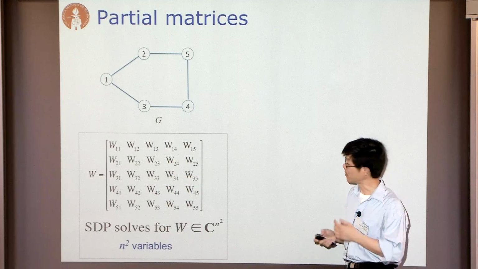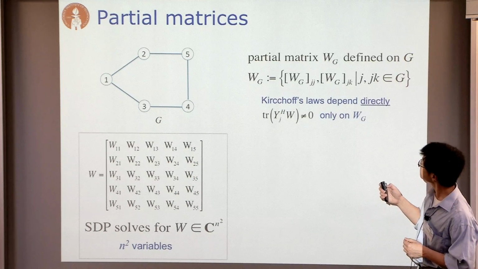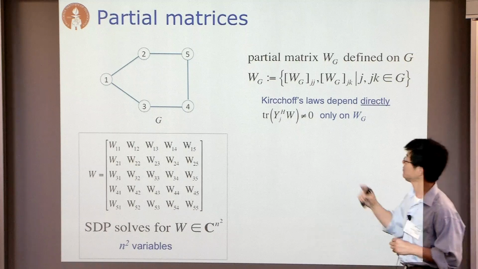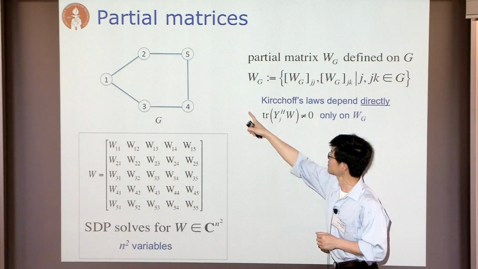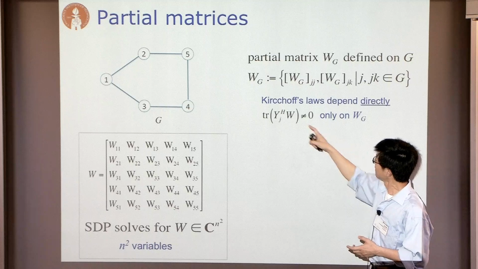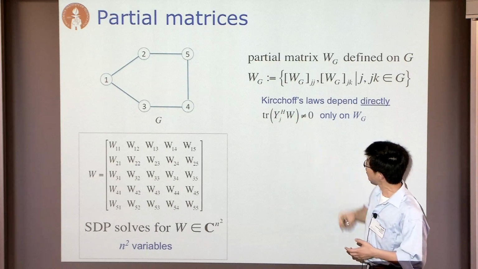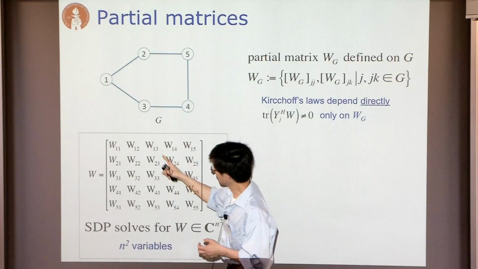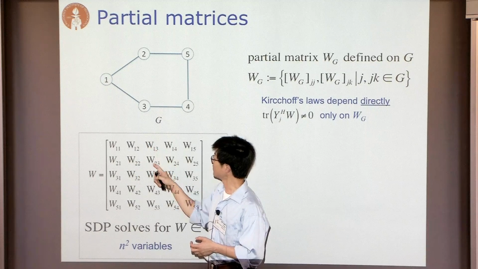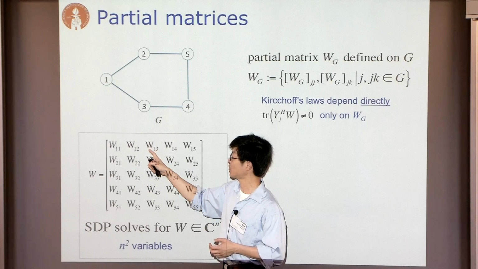matrix. But if we look at the Kirchhoff law, right? So Kirchhoff law says this trace equals some Sj. If you expand this, then you see that this is non-zero only at off-diagonal entries when, let's say, 1, 3, when there's a link between node 1 and node 3.